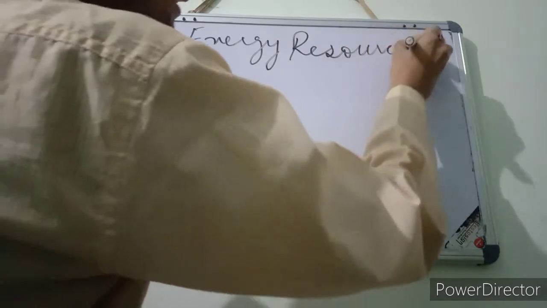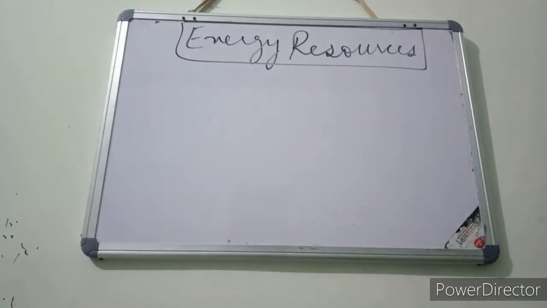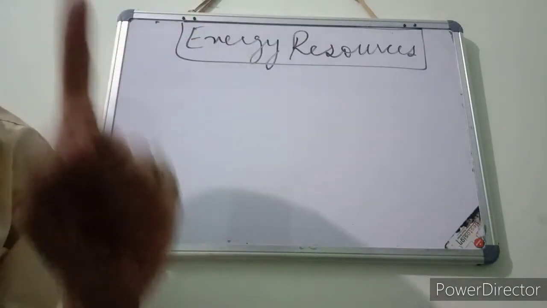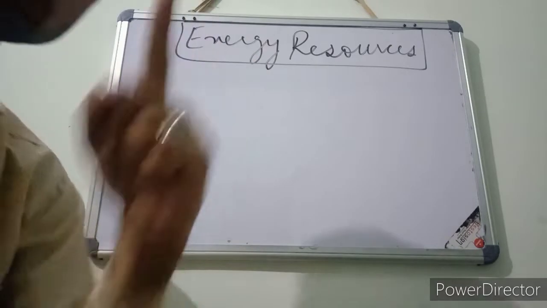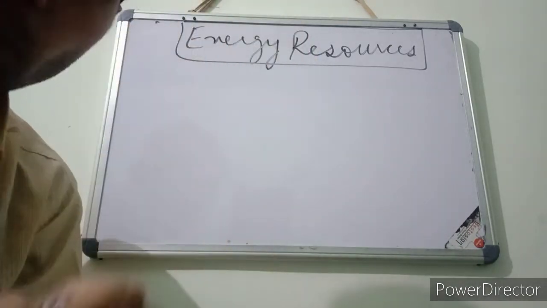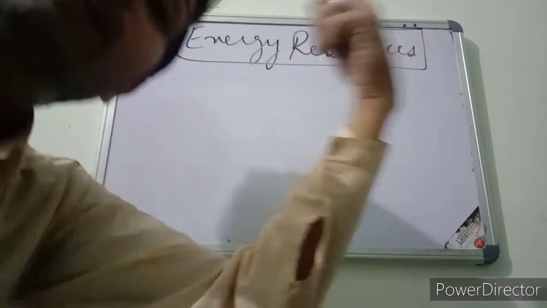When the chapter was started, we had discussed it very deeply. Energy resources. आपको याद होगा, in the previous videos I had told you that energy resources are those minerals that give energy to other minerals.